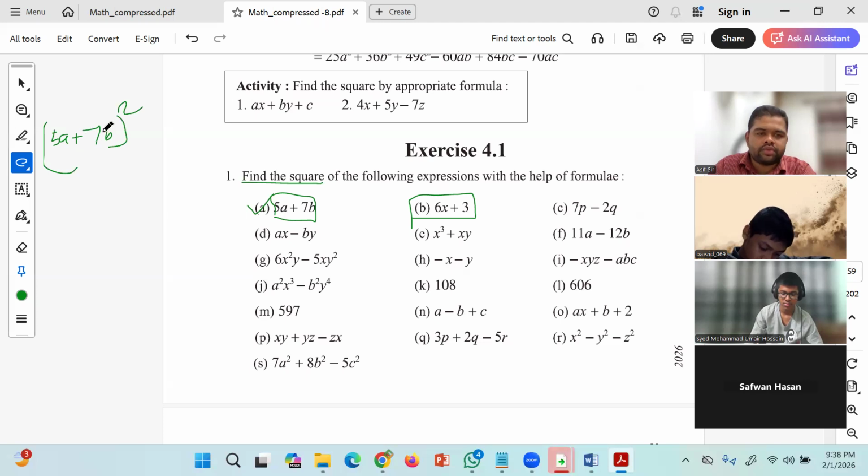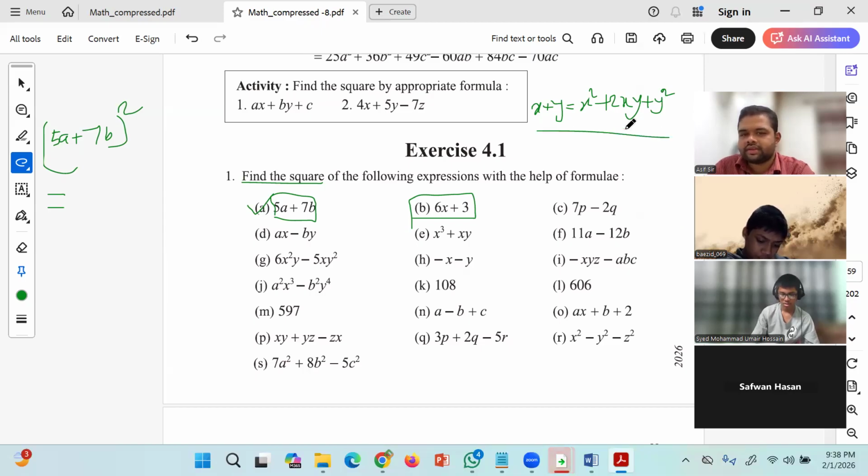So using the whole square, before writing the solution, we have to write the formula first for your better understanding. x squared plus 2xy plus y squared. This was formula 1, right?